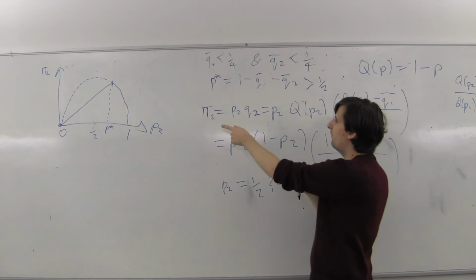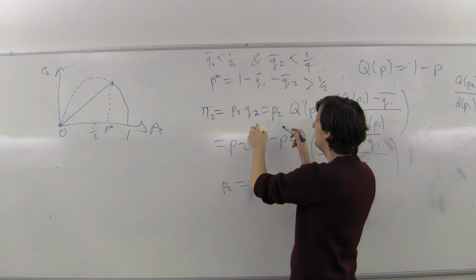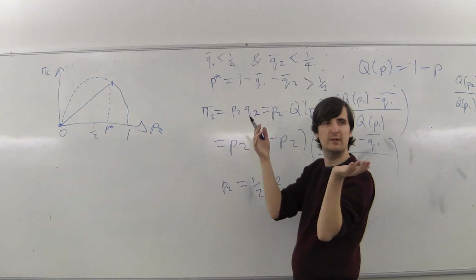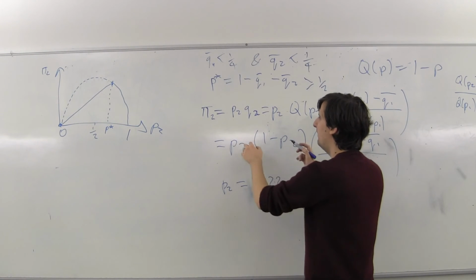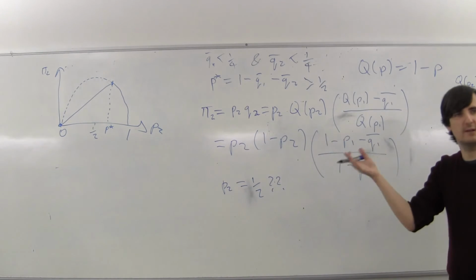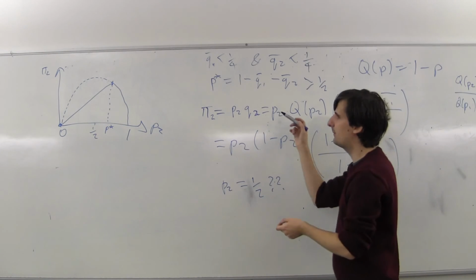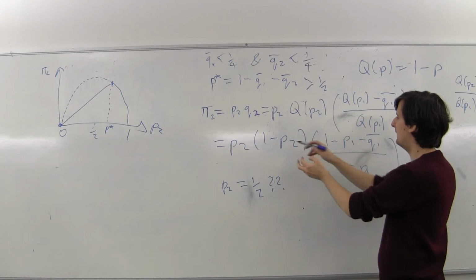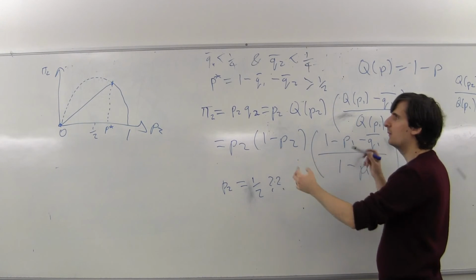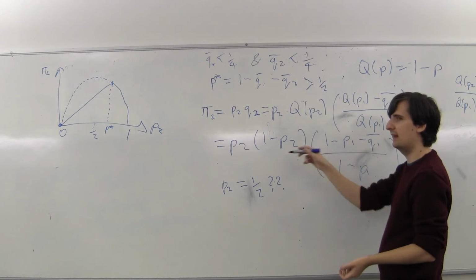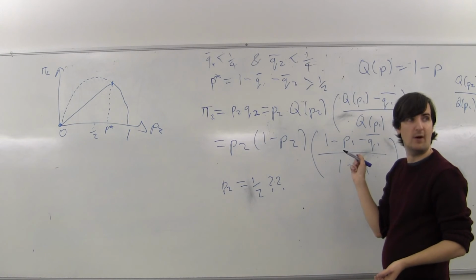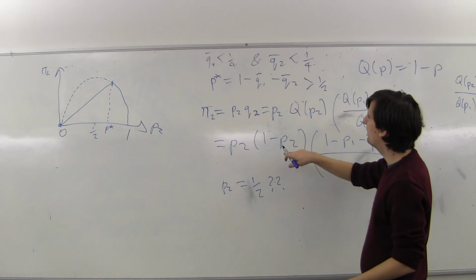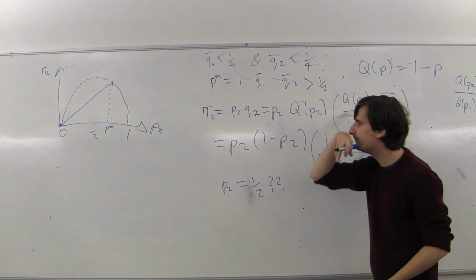So if both firms set exactly P2 equal to P star and P1 equal to P star, then their profits would be the right profits. That gives us the right expression. But if they set a price less than that, then this no longer gives us the right expression, because it would give us a quantity bigger than Q2 bar if they set a price below P star. So this is only valid if the price is strictly bigger than P star.